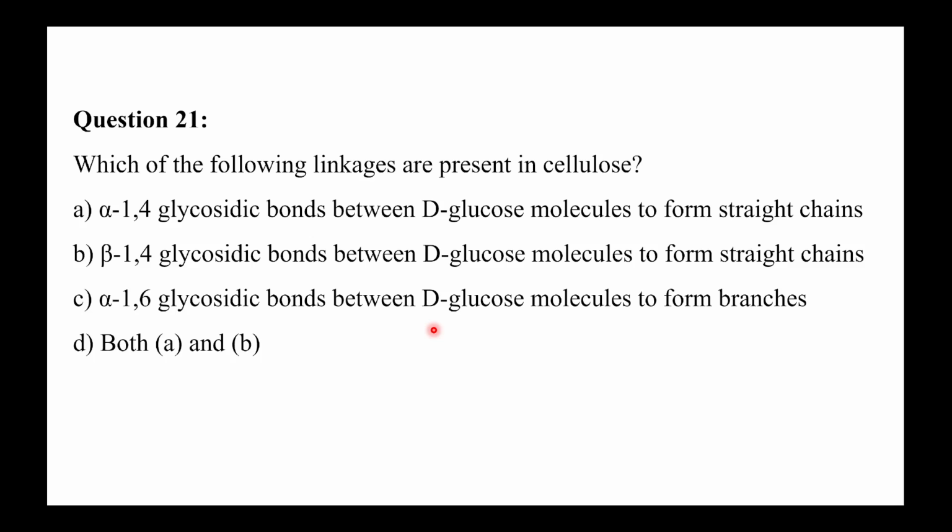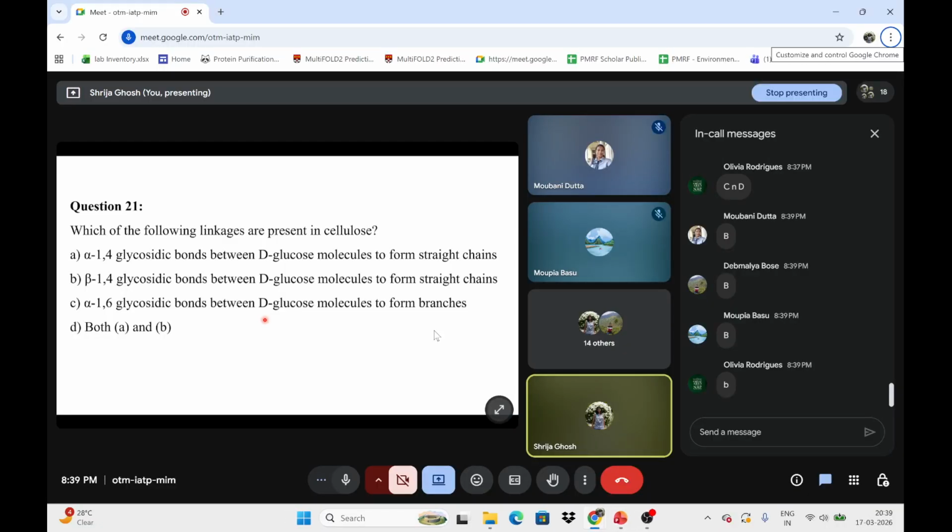Which of the following linkages are present in cellulose? I see 4 answers on the chat box. All of them are option B. What about others? Everybody write your answer.